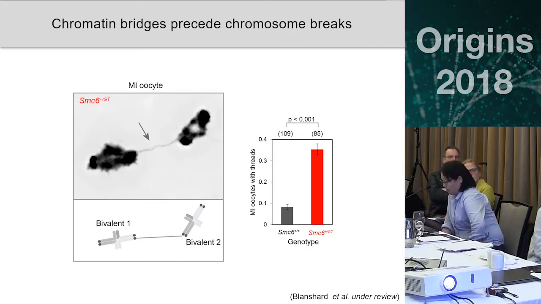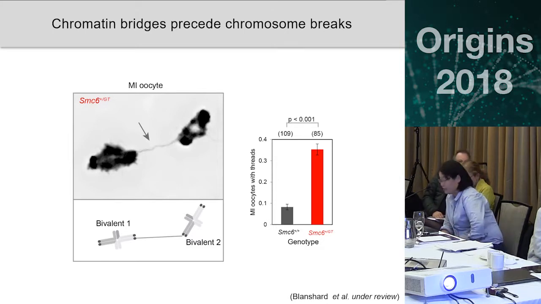But we think that they're coming from the resolution or rupture of these anaphase bridges that we see in M1 oocytes. We see it in wild type as well, but with an elevation in the eggs from the females.